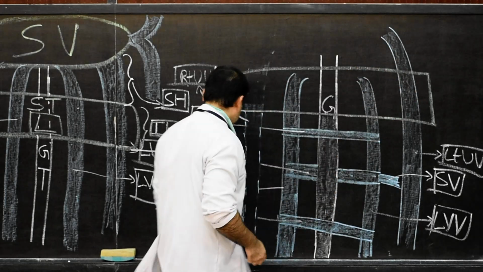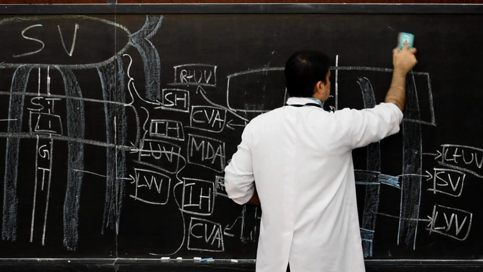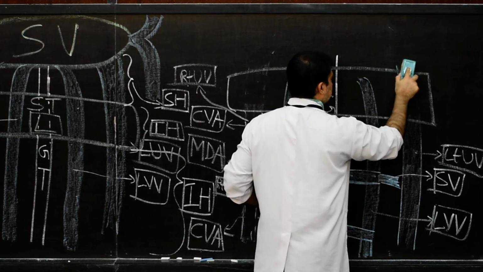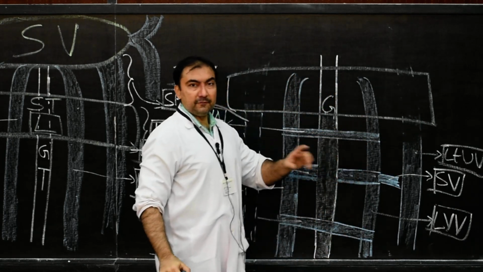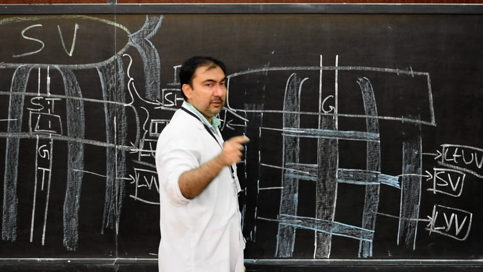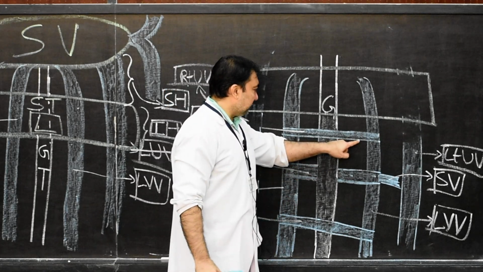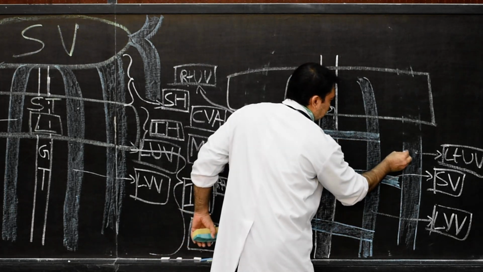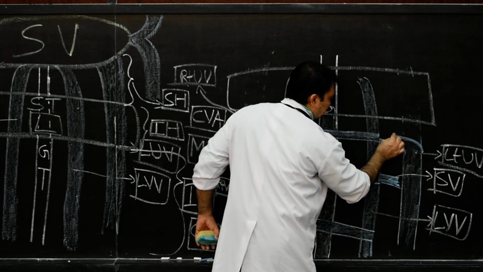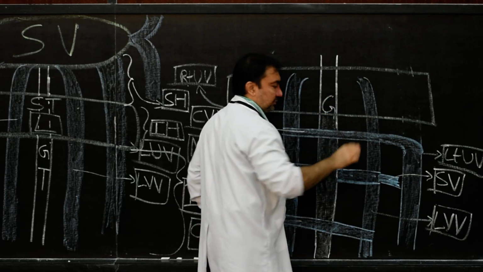So where will the left umbilical vein open? As the upper segment will also disappear, it will open in the left vitelline vein. So where will it open in the left vitelline vein? At the level of cephalic ventral anastomosis. So here we show that this umbilical vein will open at the level of cephalic ventral anastomosis.